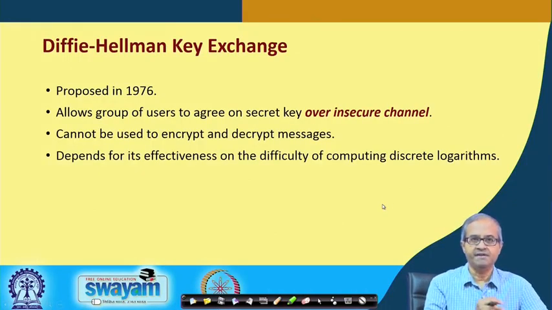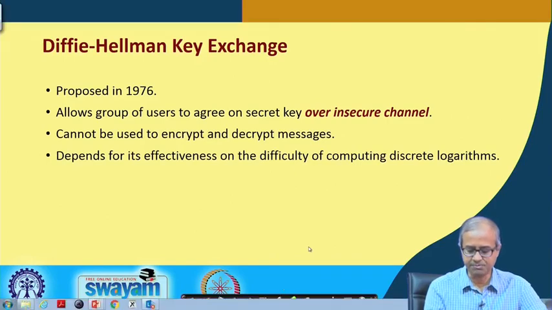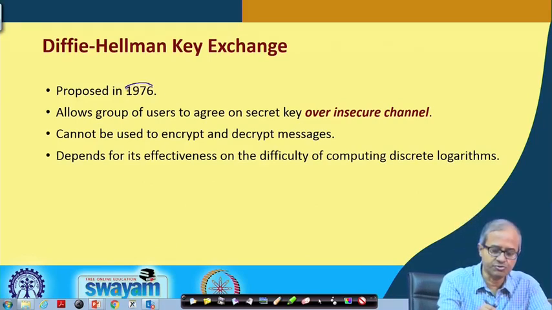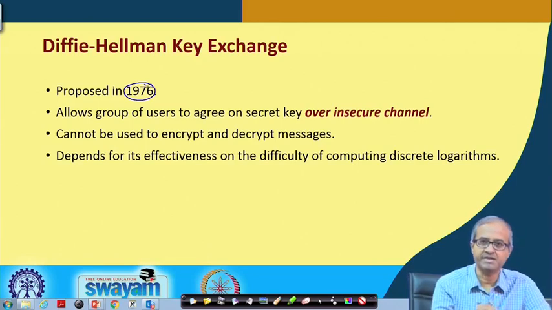Diffie-Hellman Key Exchange is a very conceptually simple method for exchanging a key between two parties. It does not use RSA, but a different kind of algorithm, which was also proposed long back in the 1970s, in '76.